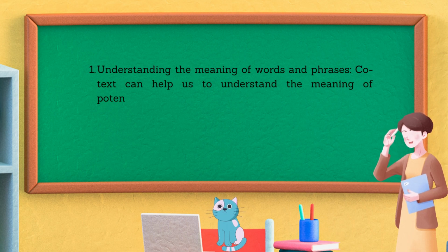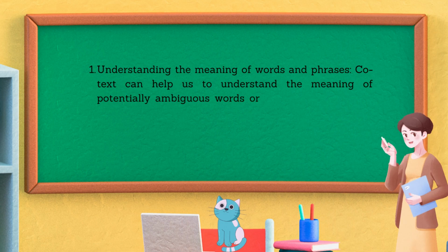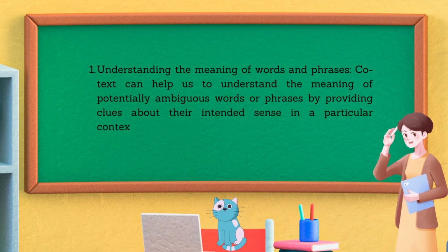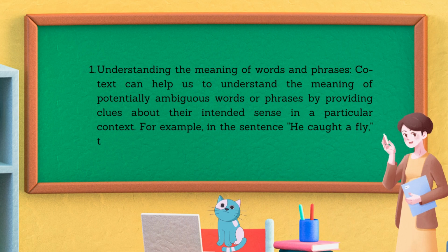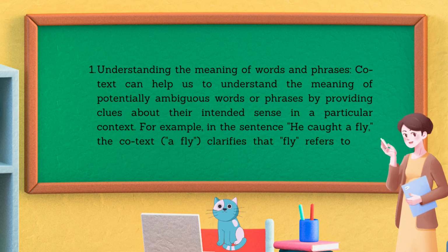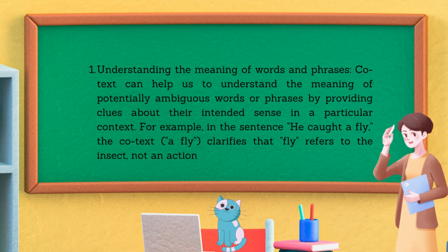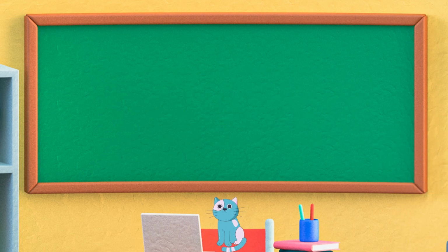Context can help us to understand the meaning of potentially ambiguous words or phrases by providing clues about their intended sense in the particular context. For example, in the sentence "he caught a fly," the context clarifies that "fly" refers to the insect, not an action.